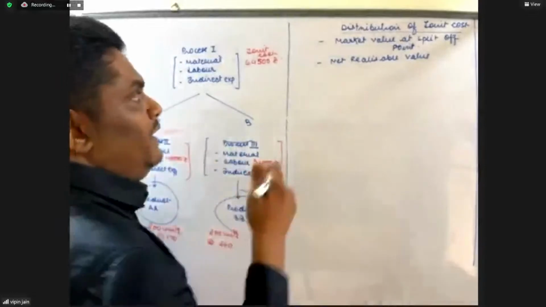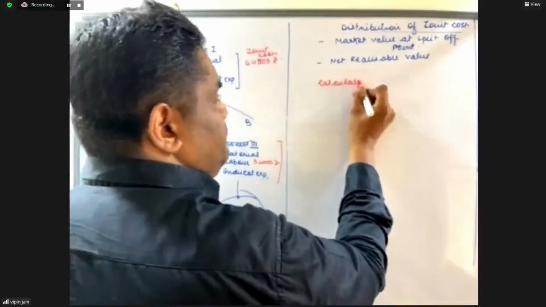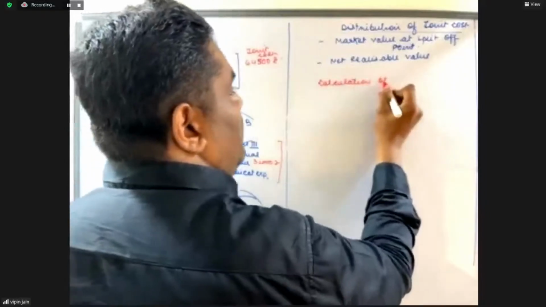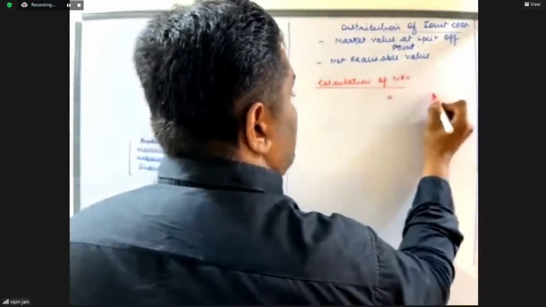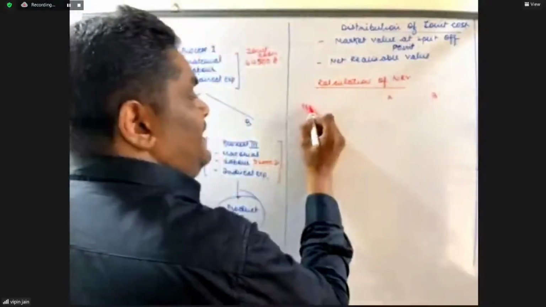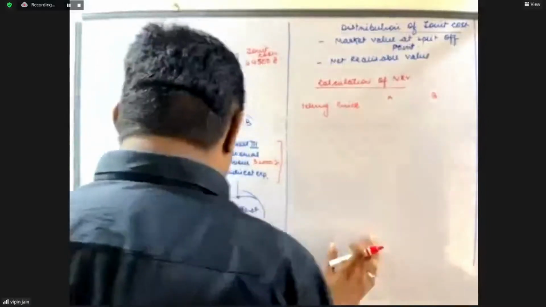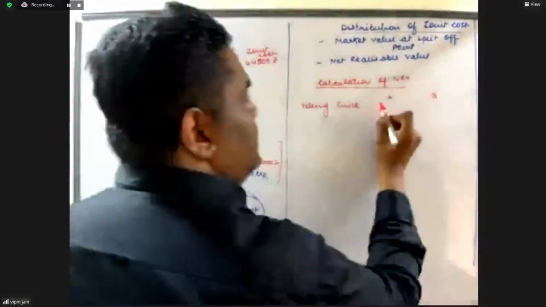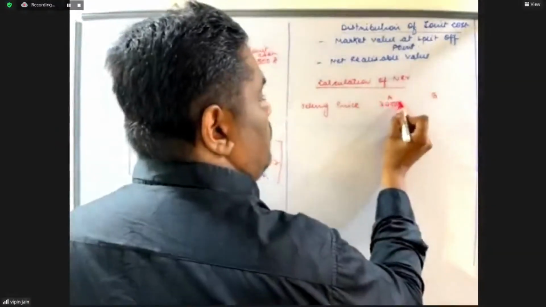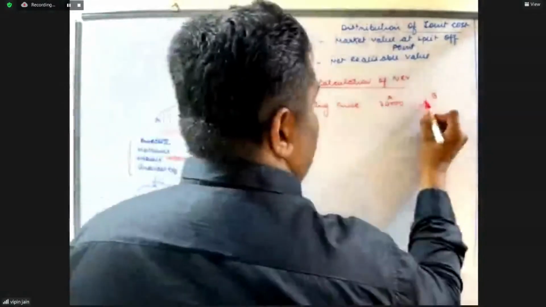So we'll first calculate the net realizable value. So selling price of my final product, that is 200 into 170, that is 34,000. 200 into 260, that is 52,000.